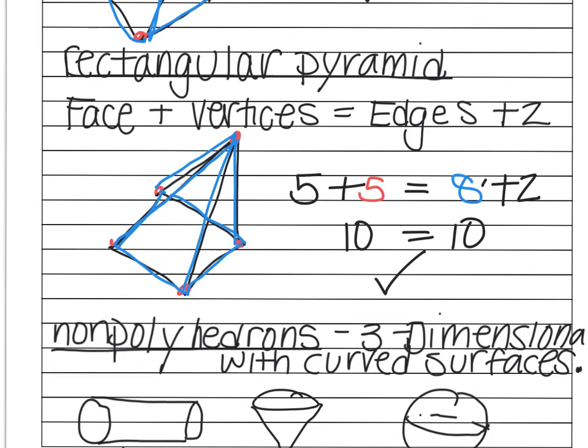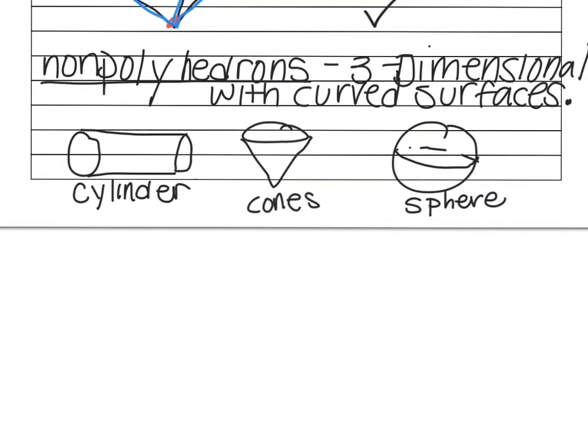But then you also have non-polyhedrons. And they're still three-dimensional. The only thing is that they have curved surfaces. So since they have curved surfaces, they are not considered polyhedrons. They are considered non-polyhedrons. And here are the 3 examples we have. A cylinder. This is also like a can, okay, like a can of soup.